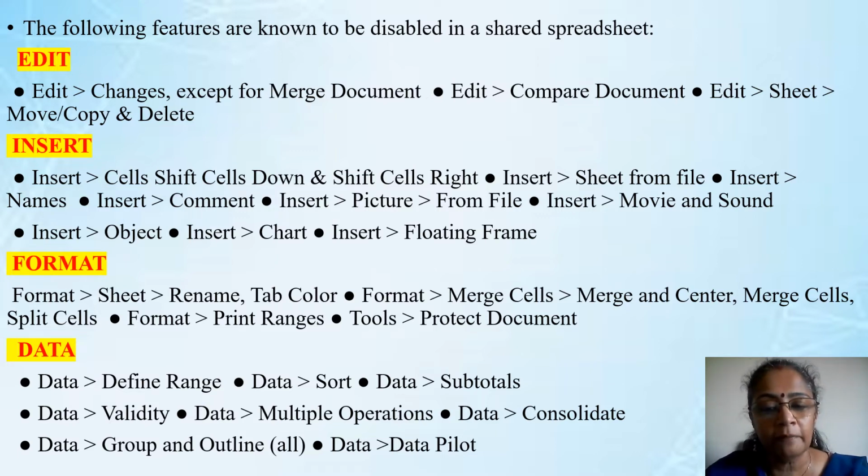Then in the format menu, again there are many things like formatting of tab colors, merging cells, merging and centering, and protecting documents. And in the data menu, you have data range, sorting, subtotals and consolidation, all that we had learnt previously. All those features automatically get disabled when the shared mode is enabled.